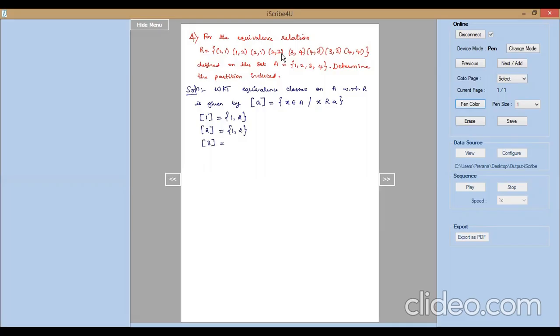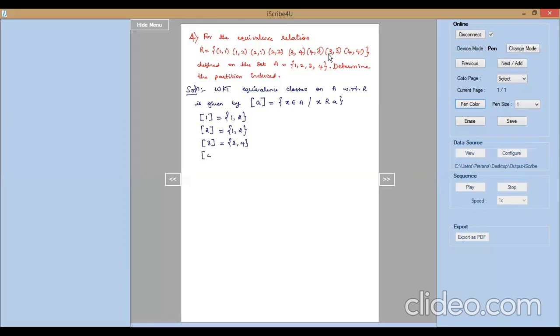We observe that 4 is related to 3 and 3 is related to 3. You are picking the value of X in such a way that X is related to A. Here the A value is 3 because you are finding the equivalence class of 3. So 4 is related to 3 and 3 is related to 3, so it is {4, 3}, or I can also write it as {3, 4}.